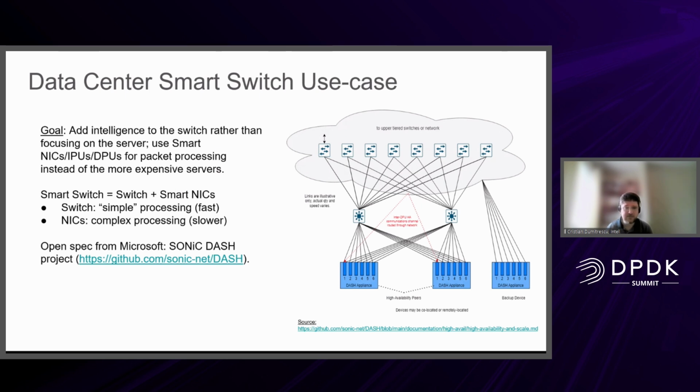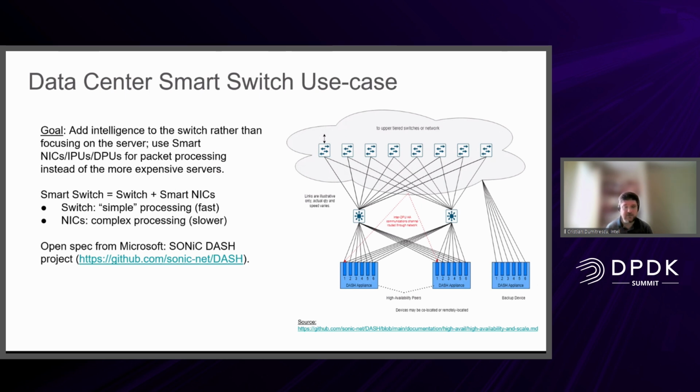Now, for this discussion, we look at how to make the switch smarter. And obviously that could result in some cost reduction if we don't use the servers which are usually expensive. If we don't use them to do the data plane processing, if we could do that on the switch, then that would obviously lower the pressure on the servers, and we can use the servers to run VMs and other workloads that are not fundamental data plane packet crunching, right?